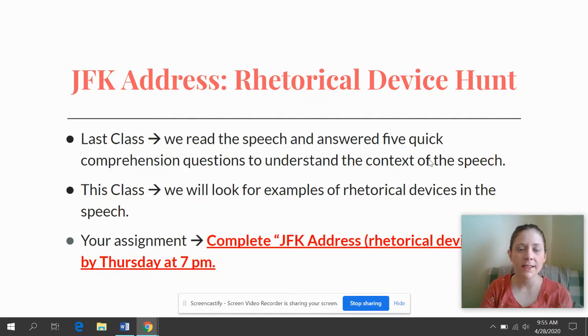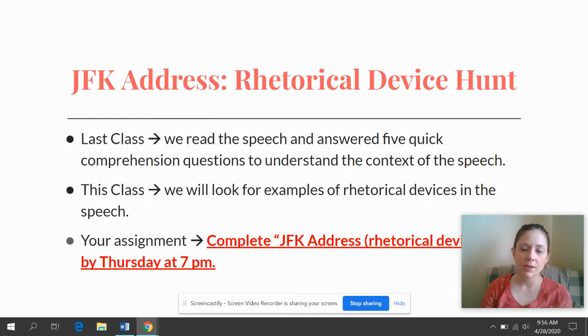JFK rhetorical device hunt. That's what we're doing today. Last class period, we already talked about that. This class period, we are looking for examples of rhetorical devices in the speech. There are dozens of devices in the speech, and if we were in person, you would be doing a much heavier workload because we'd be together. But because you're at home, I picked the 5 that I know you'll be able to do on your own.